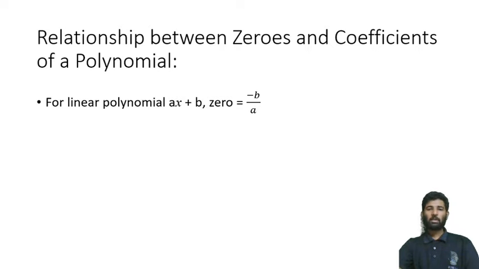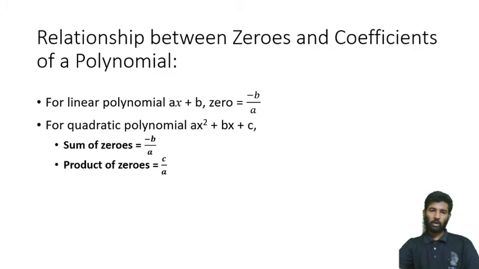So far we have seen that in a linear polynomial, the relationship between the zero and the coefficients is: zero is equal to minus b by a.